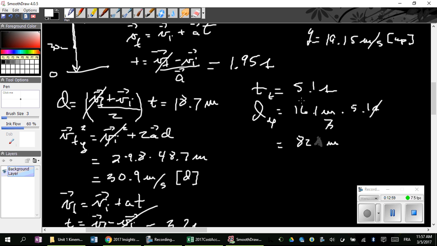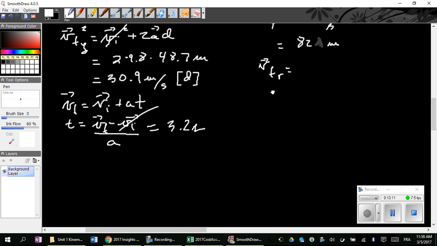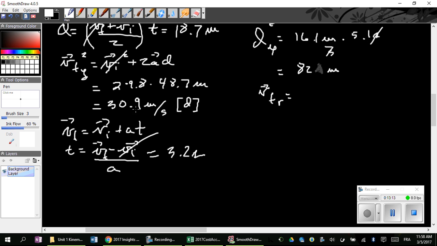And next I need to find my V final total, right? So the resultant. So I know a few things now. I know my V final. So now I have a triangle that looks like this. My y is 30.9.